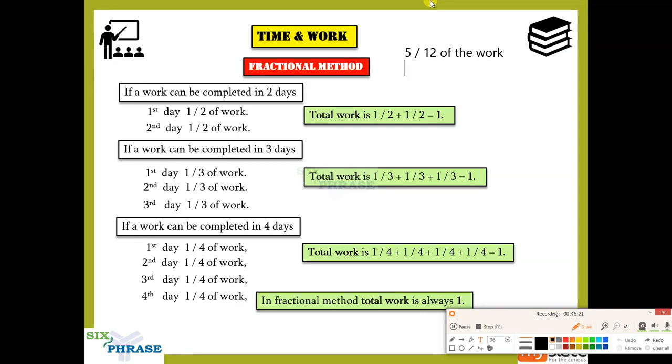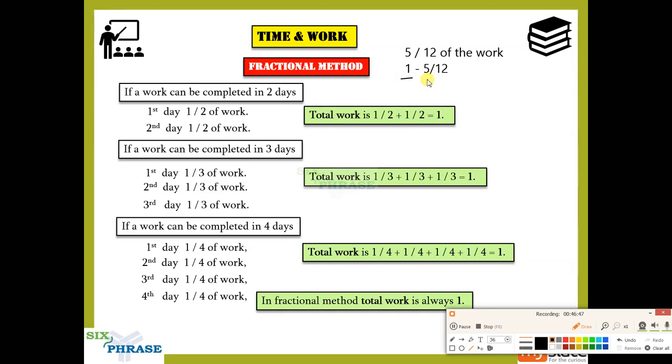Okay, see, 5 by 12th of the work is completed, so what is the amount of work that is left? I'd say it is 1 minus 5 by 12. Now, where did this 1 come about? Any answers? This 1 is the total work, guys. That is why I am subtracting 1 minus 5 by 12.